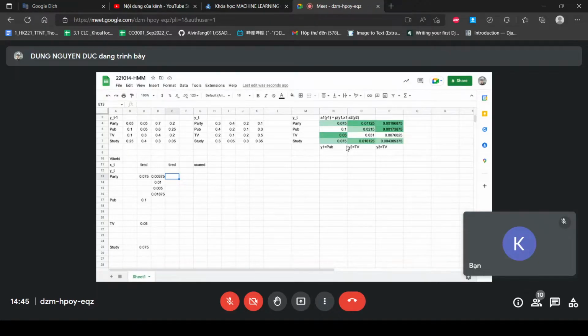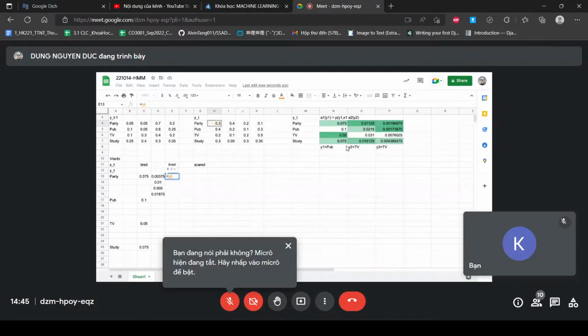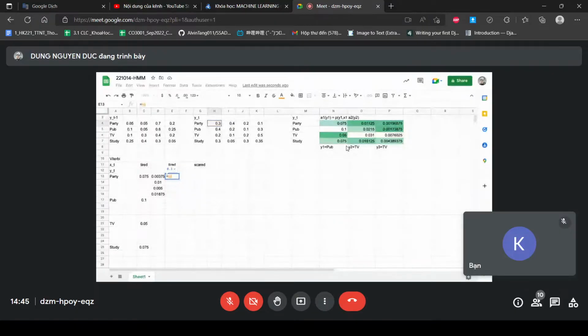And if you multiply with this one, this one will equal the emission probability, the chance of observing tired when you stay in the state y2 is party, okay? Multiplied with the maximum over these four numbers, okay? So we have this one.